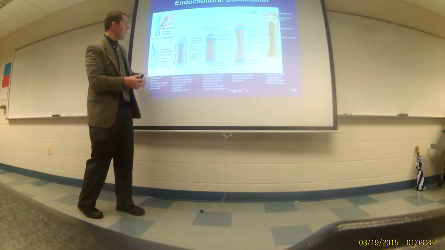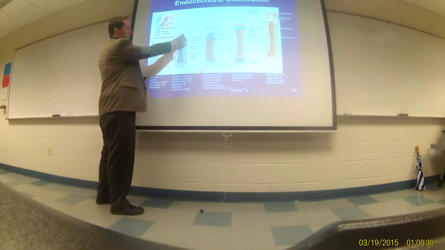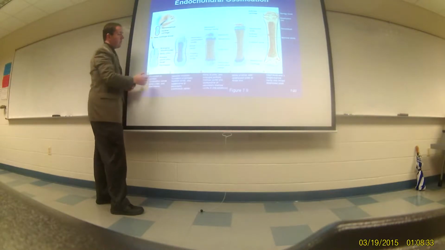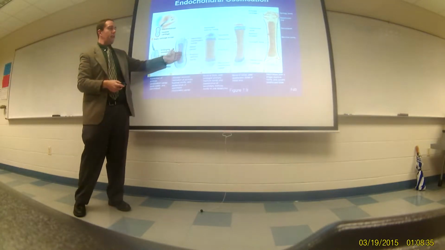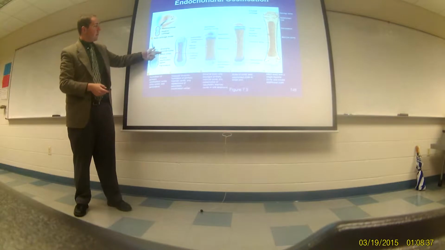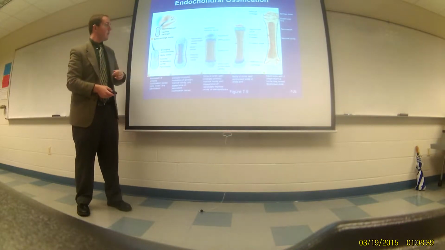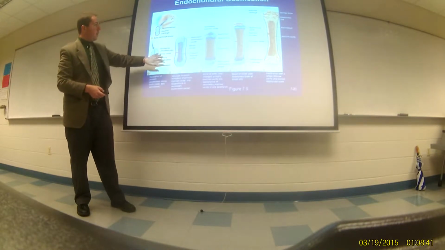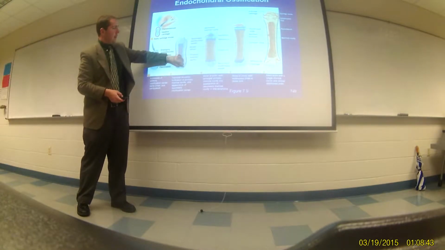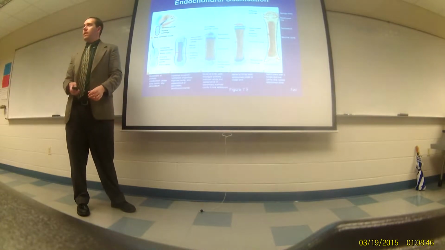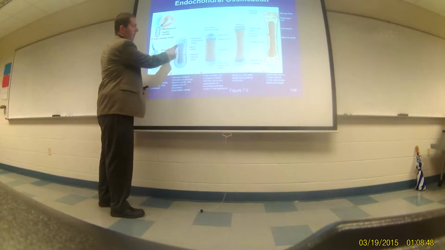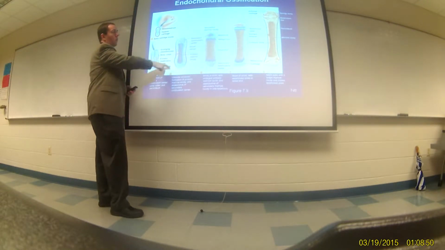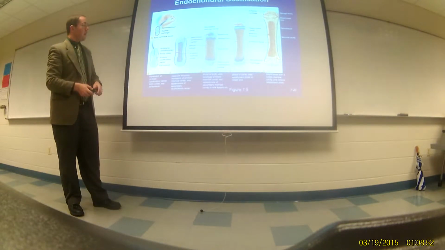So we're going to come over here, and so we have kind of a beginning of a bone, and a blood vessel is going to come into it. So we have a blood vessel that's going to come into our bone, and when it comes in, the middle is going to kind of hollow out. And as it hollows out, that's going to make our marrow cavity, where the bone marrow is going to end up to be.